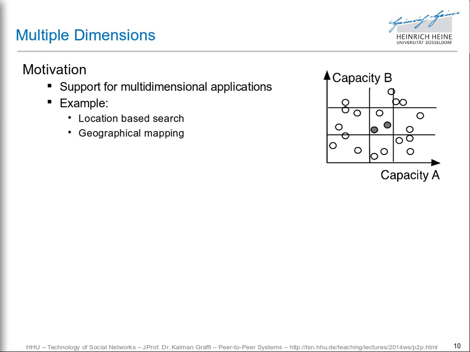Okay, besides caching and replication, we can also improve the routing. First of all, a short motivation. We can support multi-dimensional applications. For example, we had some multi-dimensional applications like location-based search or geographical mapping.